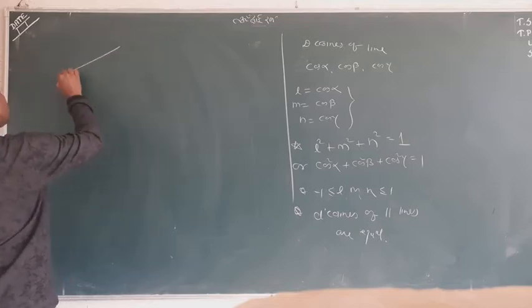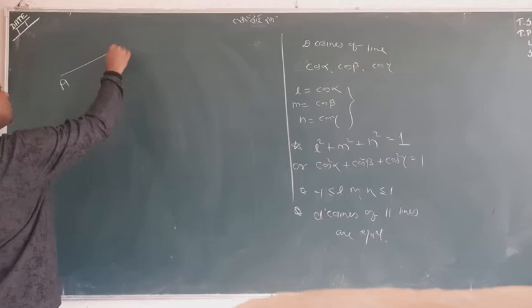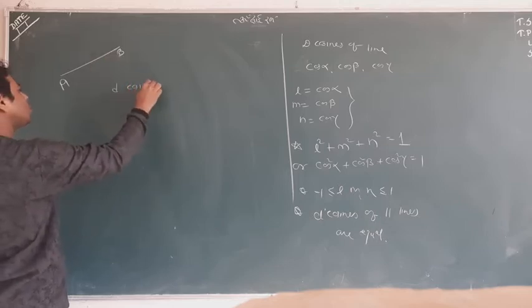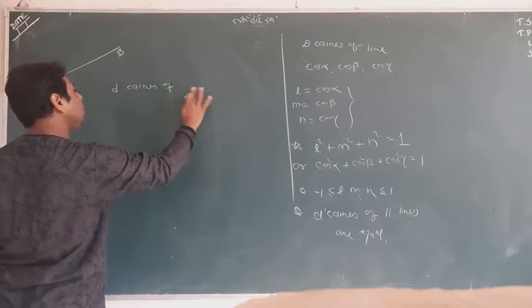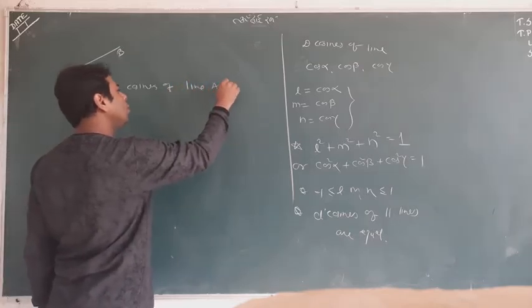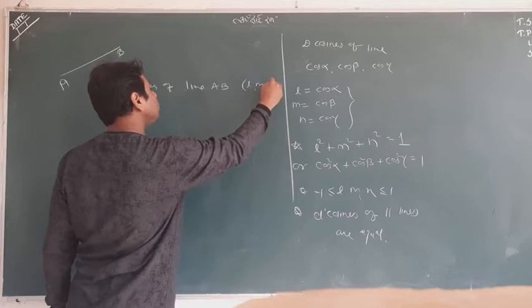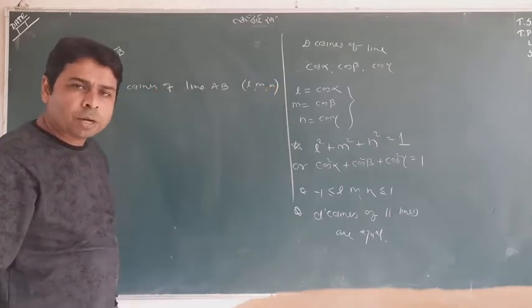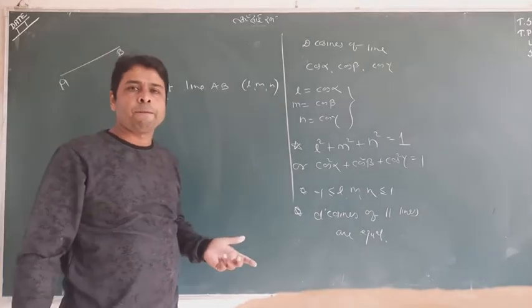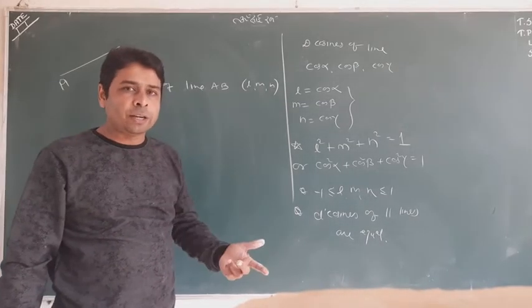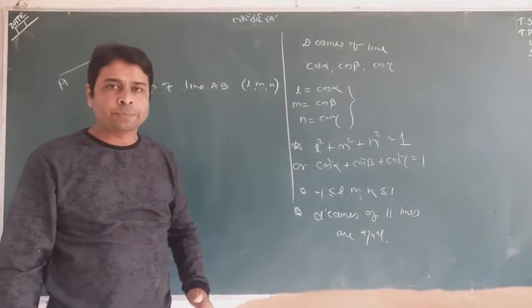if we talk about a line like AB, and I say the direction cosines of line AB are l, m, n. You know that AB and BA are the same line, but when we use vectors, AB and BA are different.